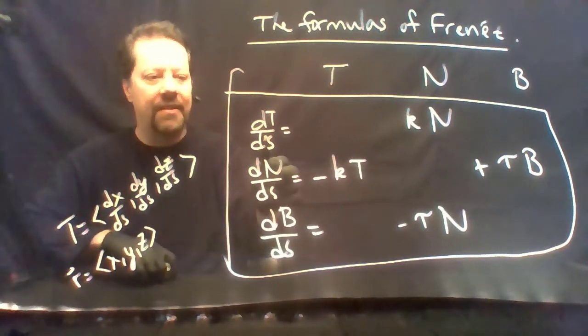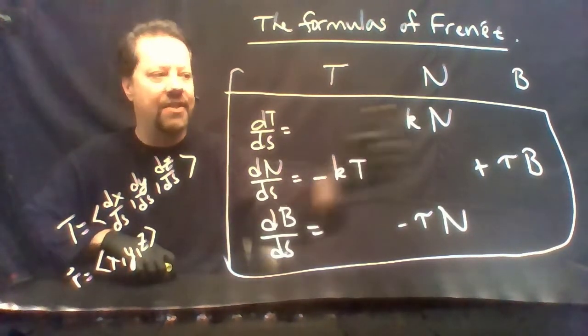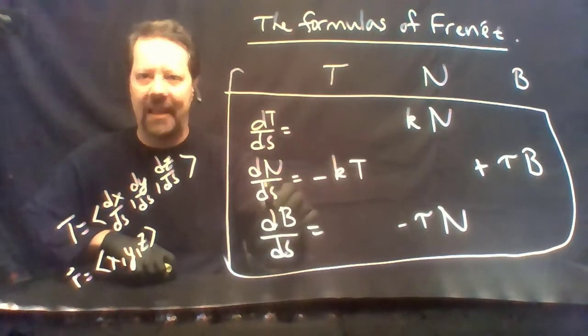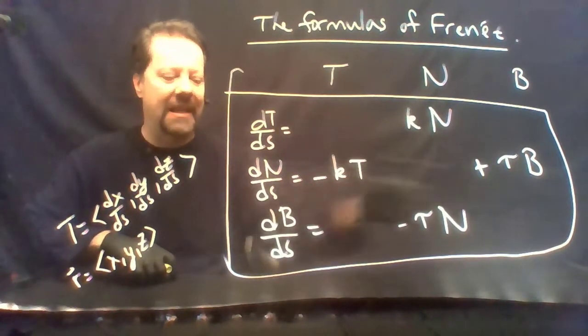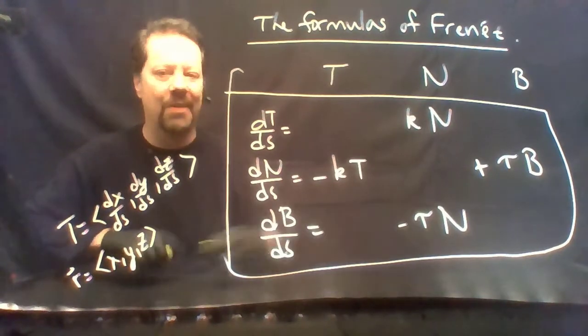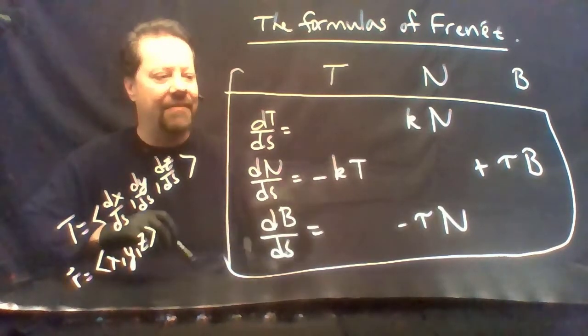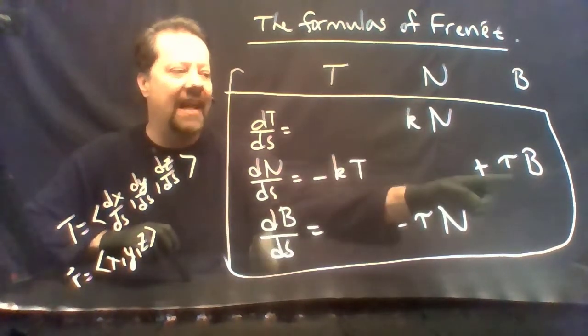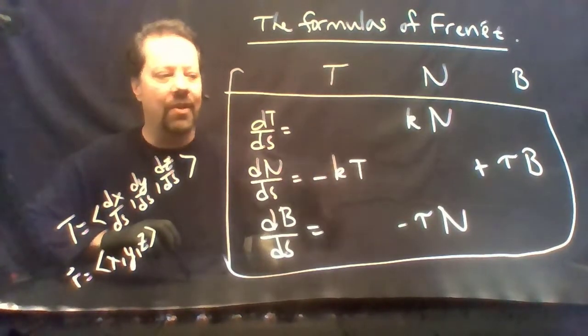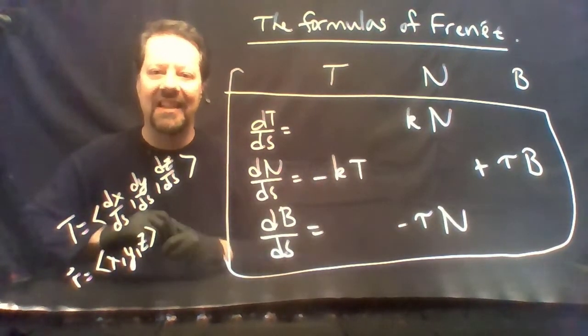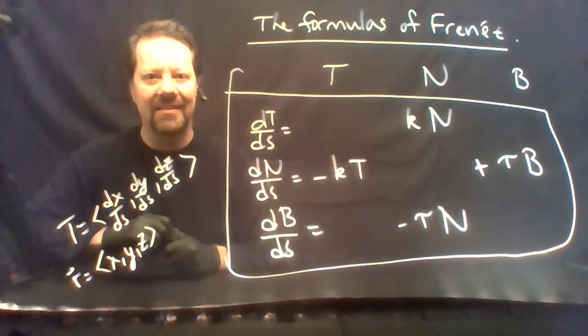But the unit tangent vector has a rate of change that depends upon n, n has a rate of change that depends upon t and b, and b has a rate of change that depends upon n. You have to know the curvature and the torsion in order to solve this linear system of differential equations.